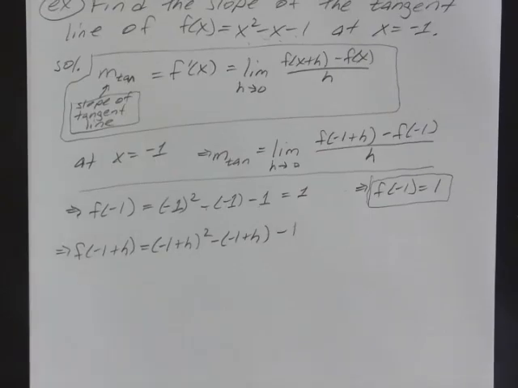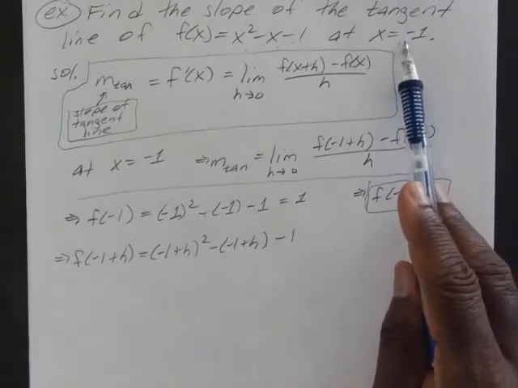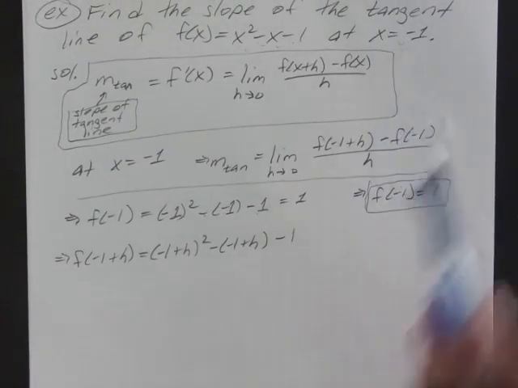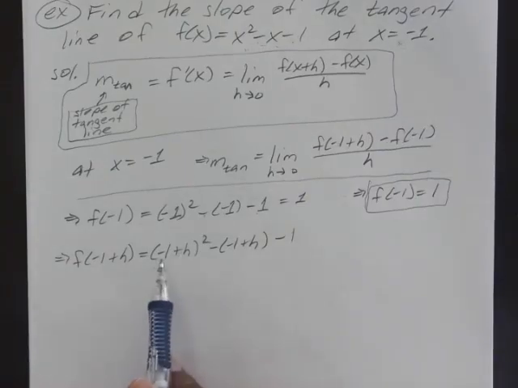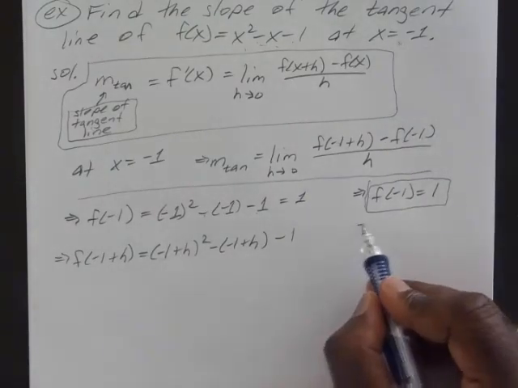Okay, so since we're solving for an actual value, we want to know the slope of the tangent line, so we need a numerical value. We can't just leave it in this form, so we're going to have to go ahead and expand it.